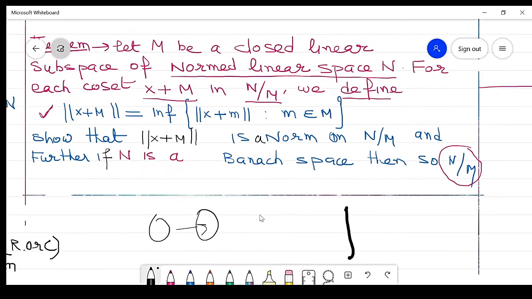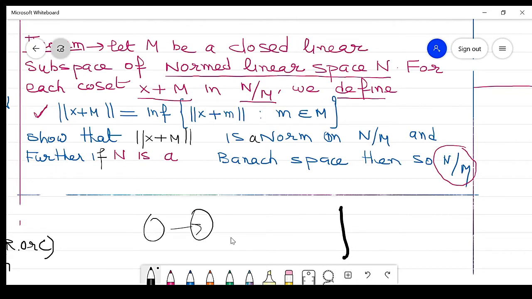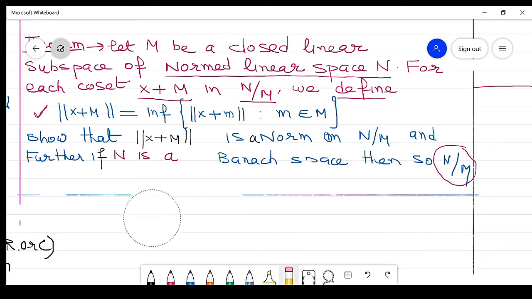The result is: if M is a closed linear subspace of a normed linear space N, and in addition, for each coset x plus M in N by M we define a norm, the norm of x plus M, which is equal to the infimum of norm of x plus m such that m belongs to capital M. Show that this is a norm on N by M, and in addition, if N is a Banach space, then N by M is also a Banach space.